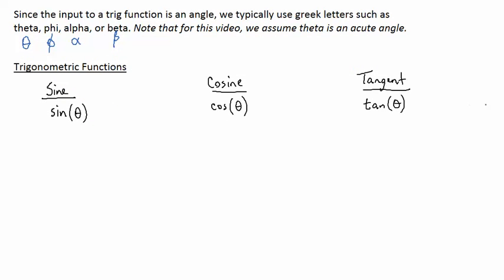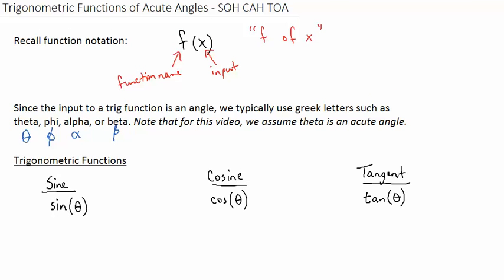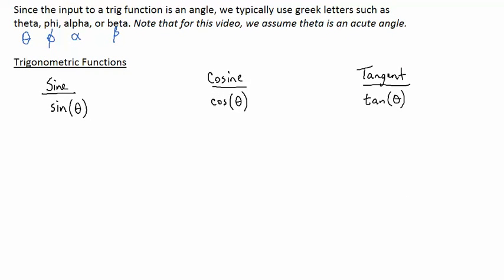That's where the acronym SOH CAH TOA from the title comes in. It's a mnemonic device to help you remember the definitions of the trig functions, how the ratios work. I'll write that here again: SOH CAH TOA. The S in SOH is for sine, the C in CAH is for cosine, and the T in TOA is for tangent.